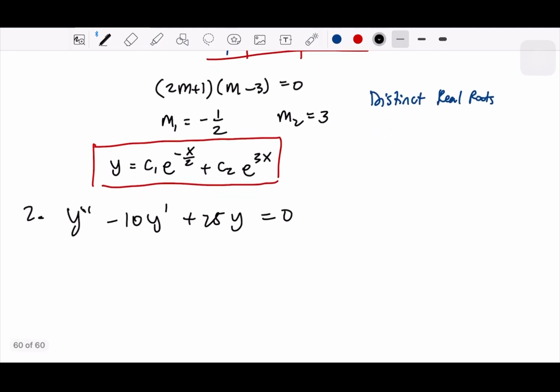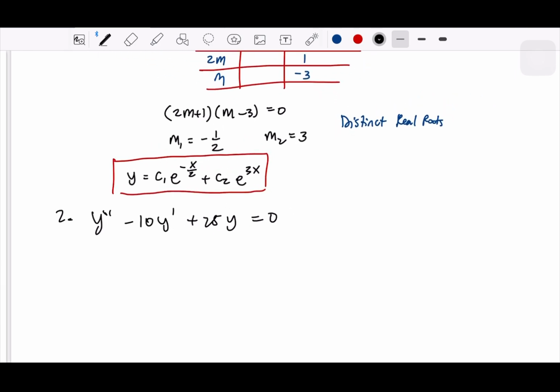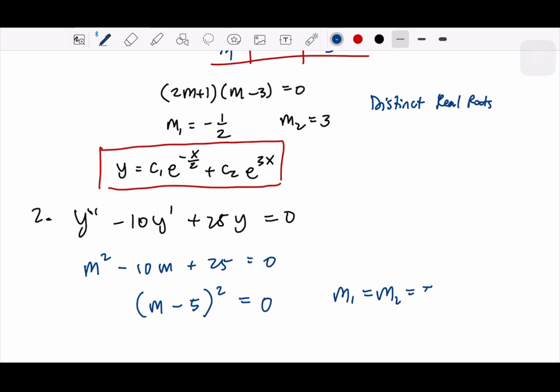So the second one is this: y double prime negative 10 y prime plus 25y. We could directly write this with the auxiliary equation: m squared negative 10m plus 25. And we can factor, right? So m1 is equal to m2 is equal to 5.